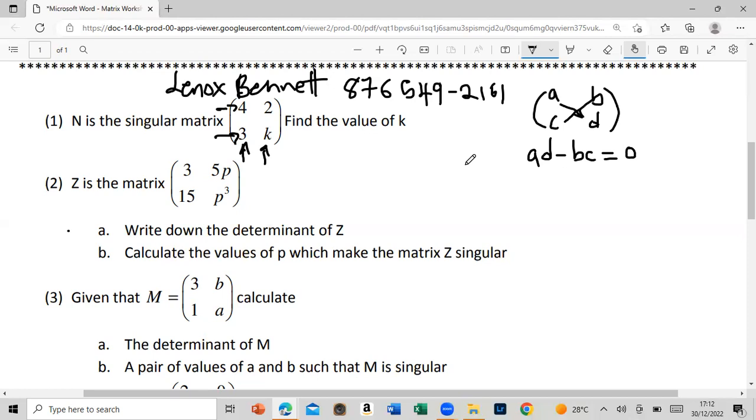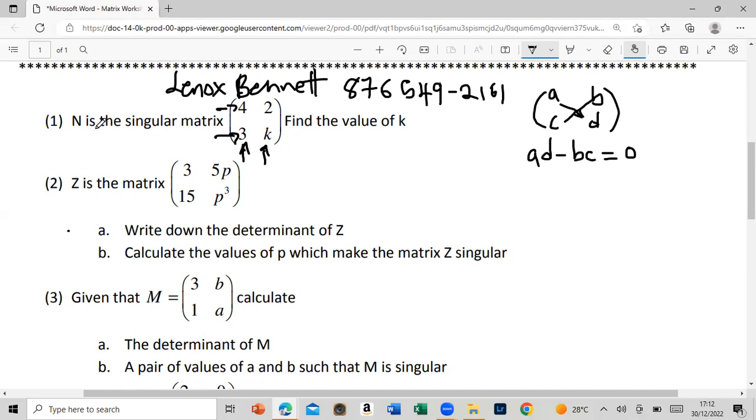It says, if N is a singular matrix, and they gave us 4, 2, 3, K, find the value of K. So K is such that whatever K is, when you multiply 4 times that number and subtract 2 times 3, the answer must equal 0, right?